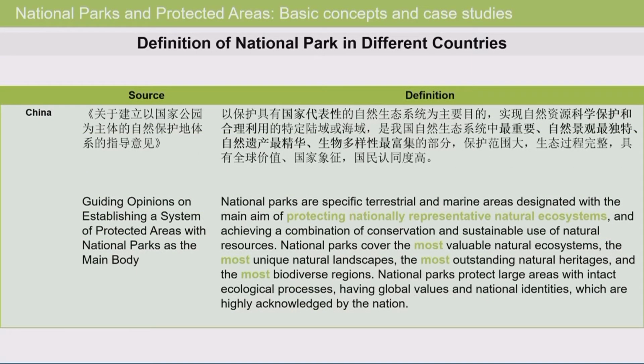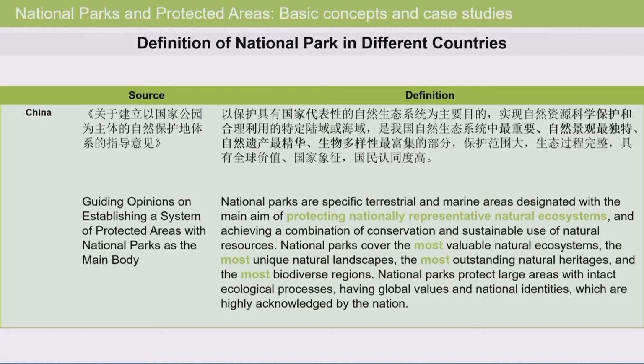This definition of national parks in China is proposed in the guiding opinions, and we didn't find an English version, so we translated it into English by ourselves. So maybe there are some errors. You could tell us. National parks are specific terrestrial and marine areas designated with the main aim of protecting nationally representative natural ecosystems and achieving a combination of conservation and sustainable use of natural resources.